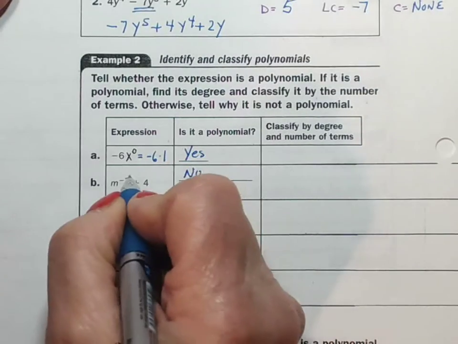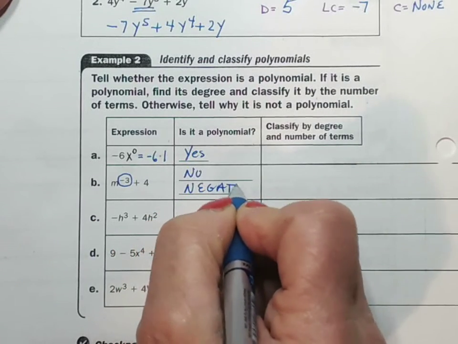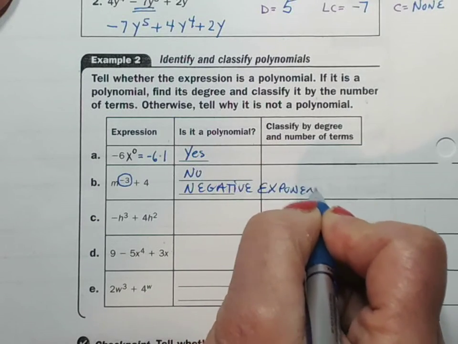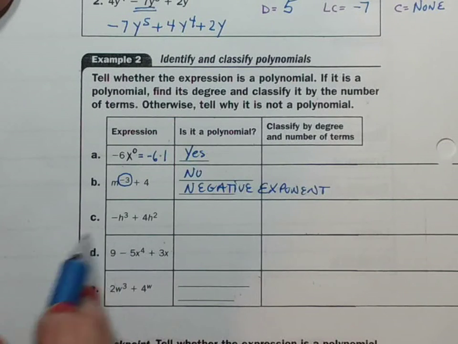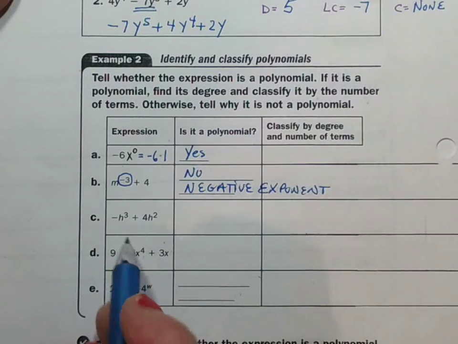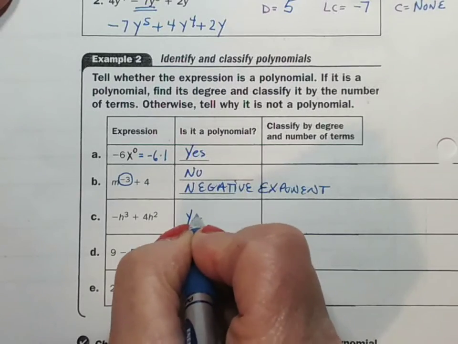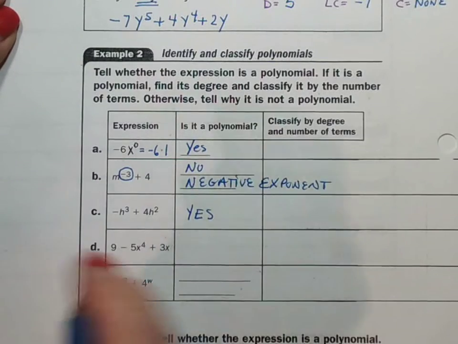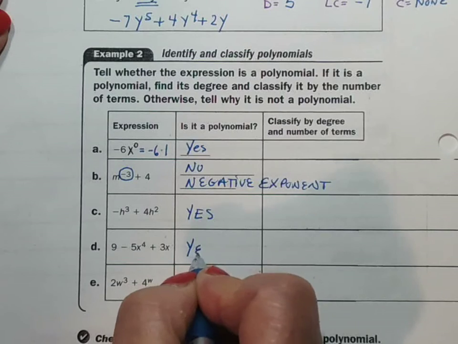No. It's got a negative exponent. Here, this is basically an expression. There's nothing unusual, so yes, that's a polynomial. Here, again, there's nothing unusual, so yes, this is a polynomial.